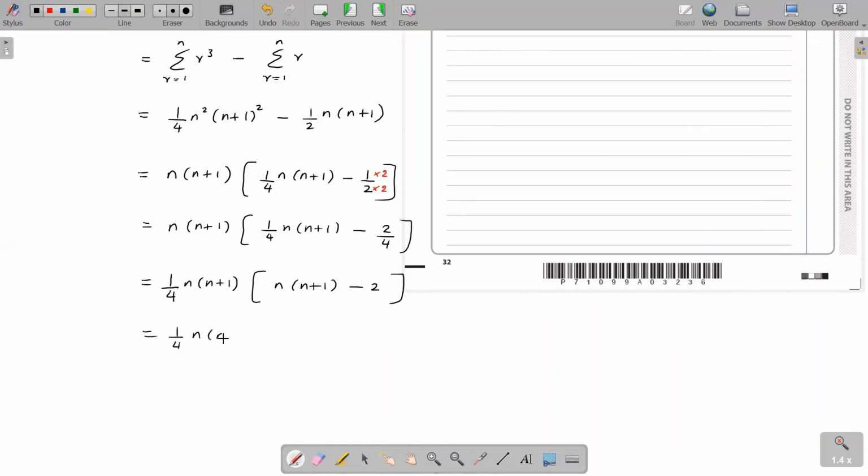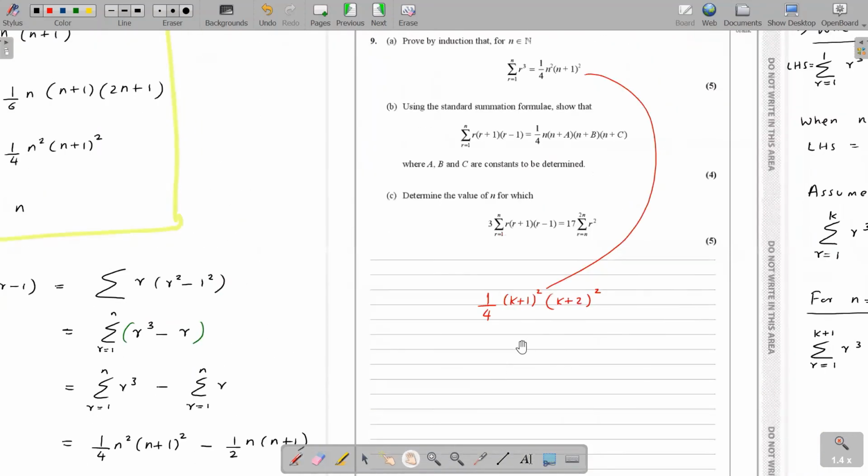Open the bracket and simplify: this becomes n square plus n minus 2. Can you all factorize this? What are the factors of n square plus n minus 2? Please tell me the answer. n minus 1, n plus 2. Thereby, we got the answer for part B.